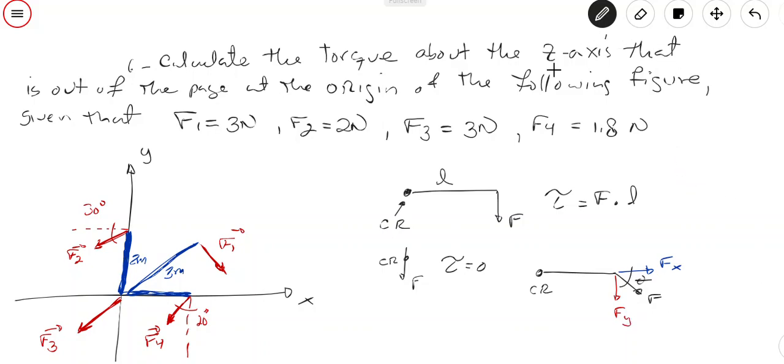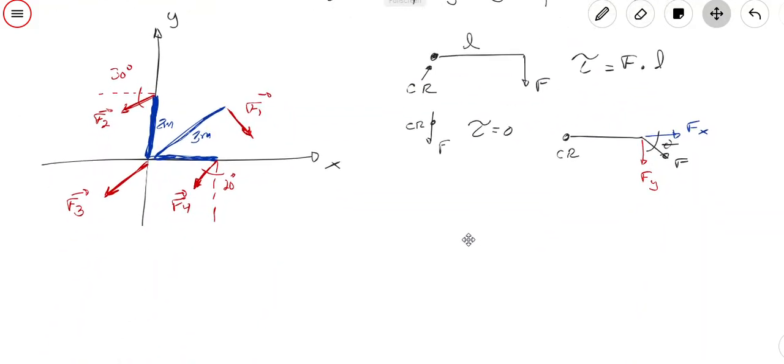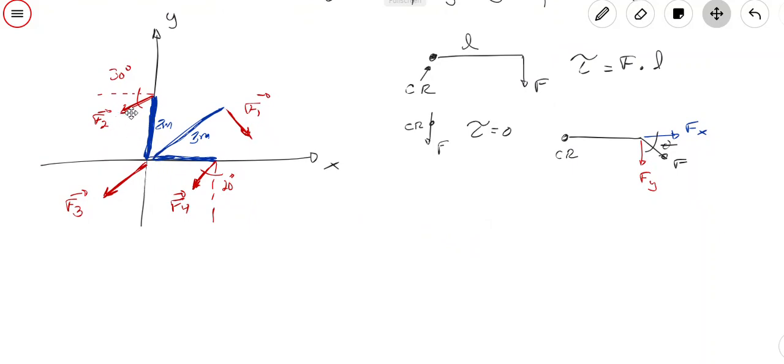Well, after understanding these elements about torque, let me solve the exercise. So we have a force F2 that is 2 meters from the center of rotation, or from the origin of this coordinate system, and there is an angle of 30 degrees with respect to the horizontal. So only the horizontal component of the force F2 will be doing torque. The vertical component of the force F2 is not going to do torque.